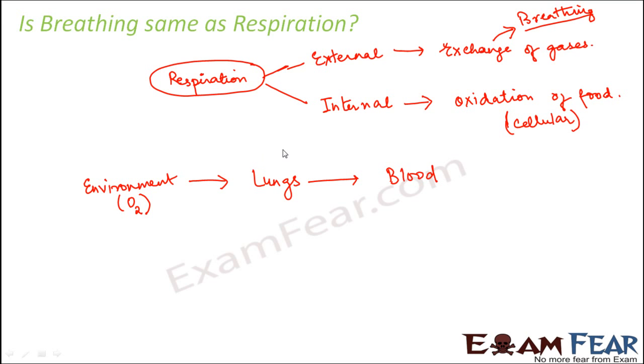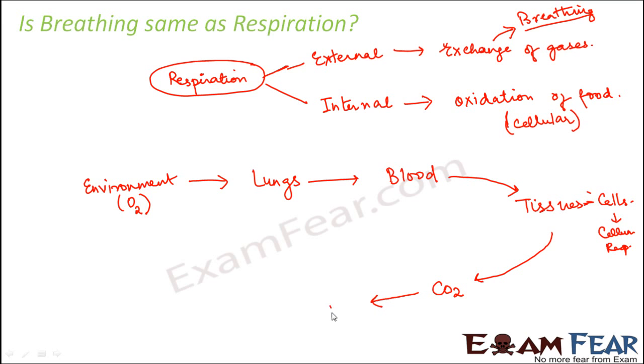Again, we will talk about the details in the entire lesson. From the blood, it finally reaches the different tissues, and the tissues are made up of cells. In the cells, cellular respiration will take place. As a result of cellular respiration, carbon dioxide will be produced. This carbon dioxide will be sent back to the blood.